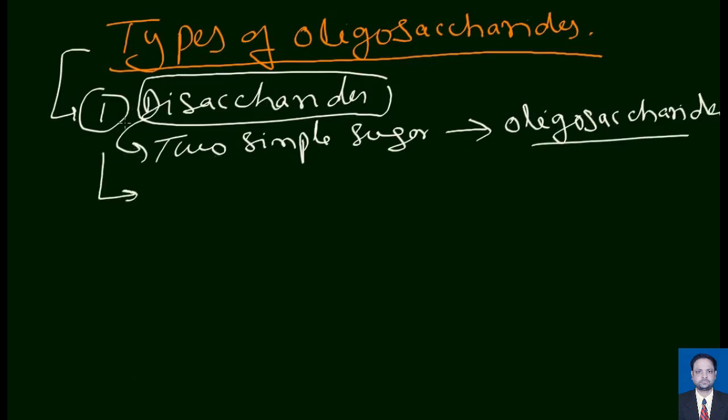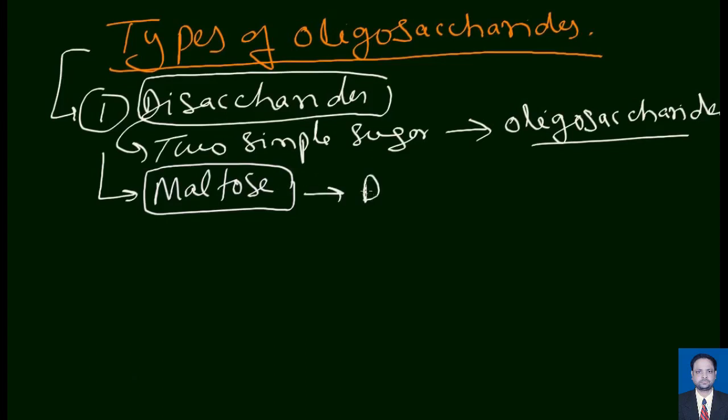So let's go for an example of a disaccharide. Suppose we are talking about maltose. Maltose is a disaccharide, and it is normally made up of alpha D glucose plus alpha D glucose. I have already discussed isomers and all that.